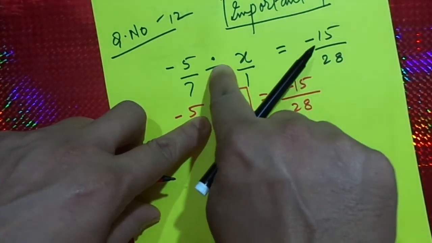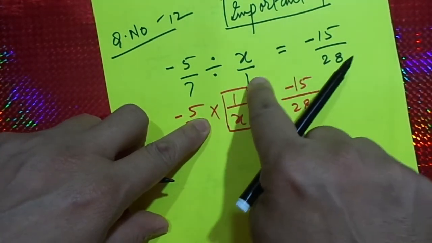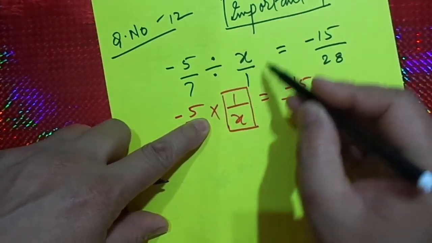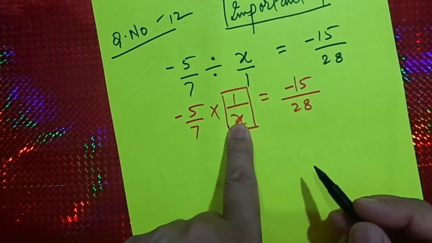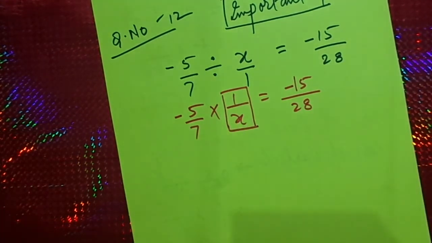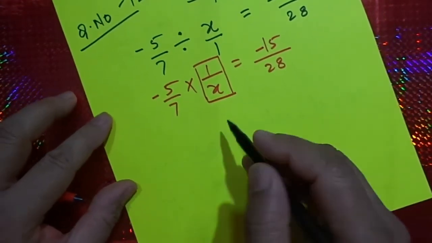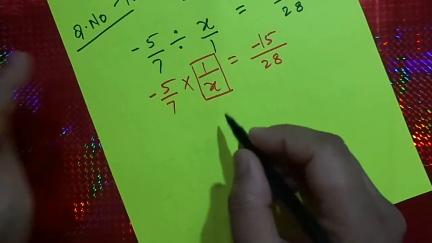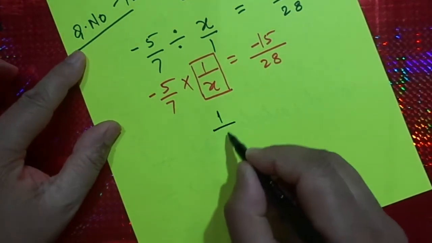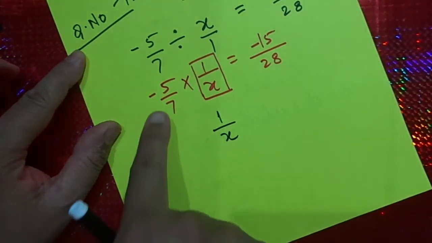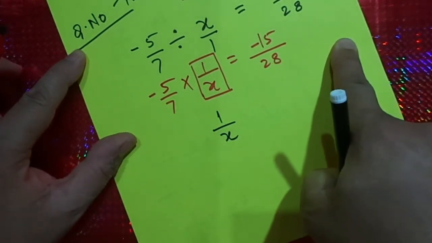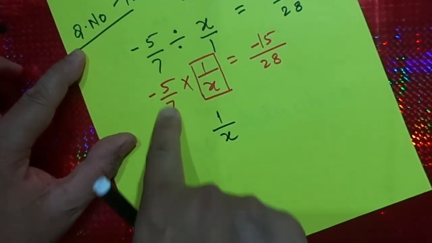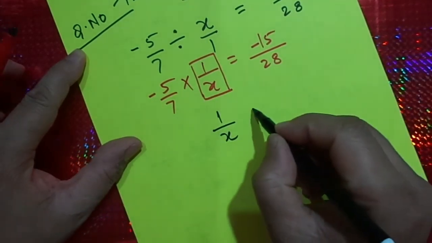So when I convert this into multiplication form, the divisor over here will change into its reciprocal form. Now, what I'm going to do is, I'll keep this 1 by x as it is, and I'm going to transpose this minus 5 by 7 onto the other side.